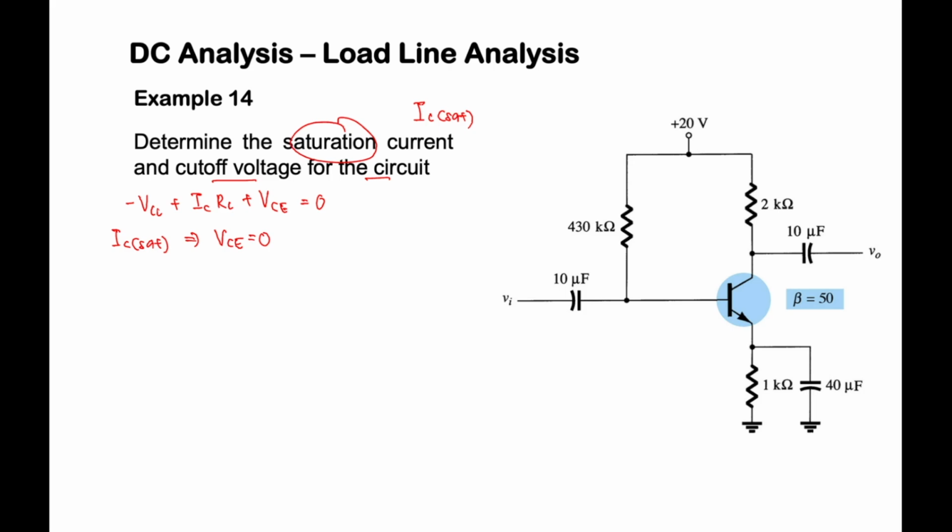So from here we get IC saturation equals VCC divided by RC. What is the value of VCC? This is our VCC, 20 volts. What is the value of RC? This is the value of RC, 2 kilo. So we will get the value of IC saturation.